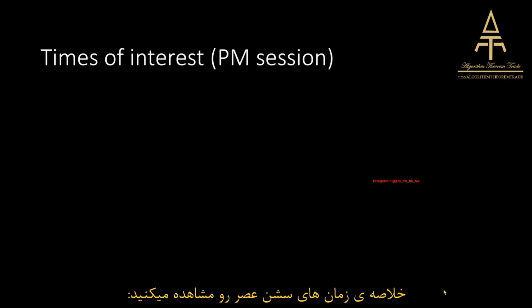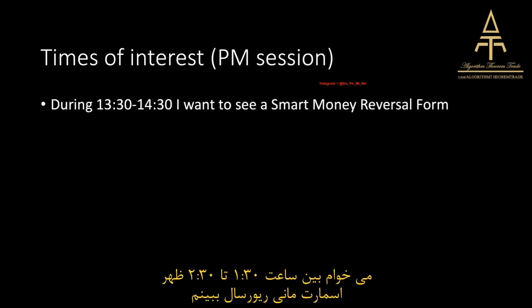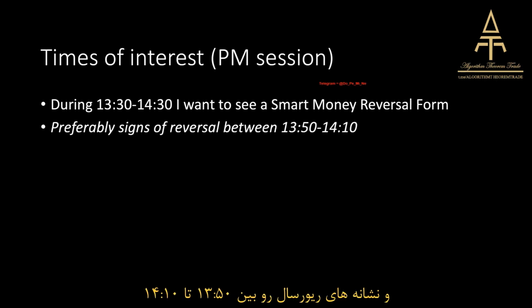To summarize, here are the times of interest for the PM session. During 1:30 PM to 2:30 PM, I want to see a smart money reversal form. I would preferably want to see signs of a reversal between 1:50 to 2:10 PM.